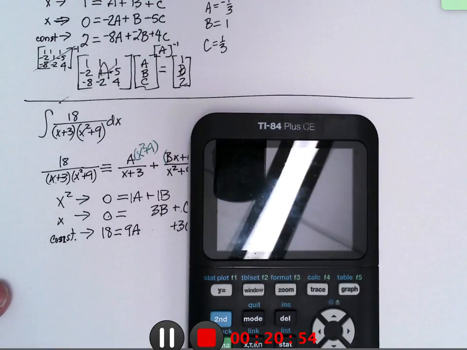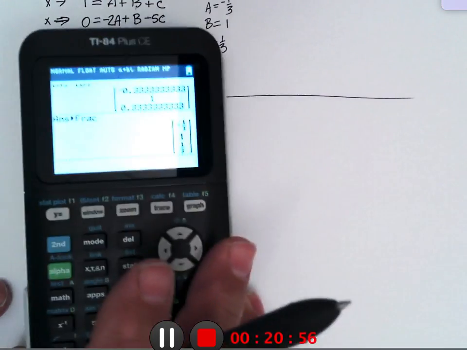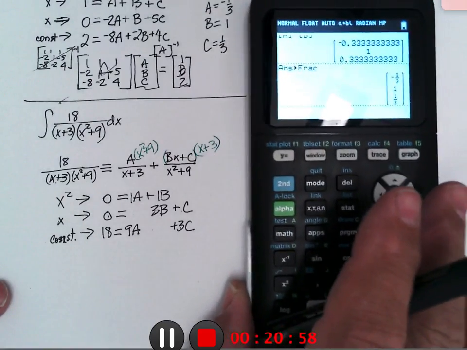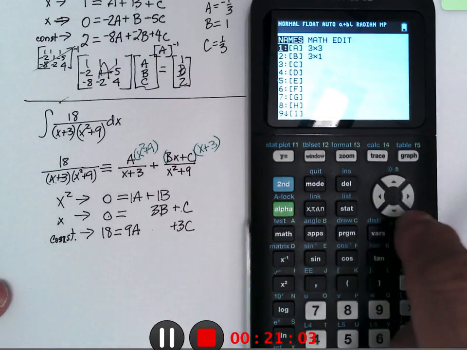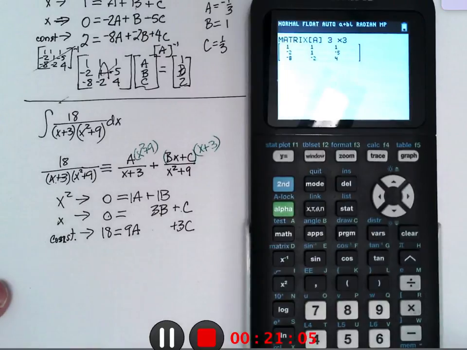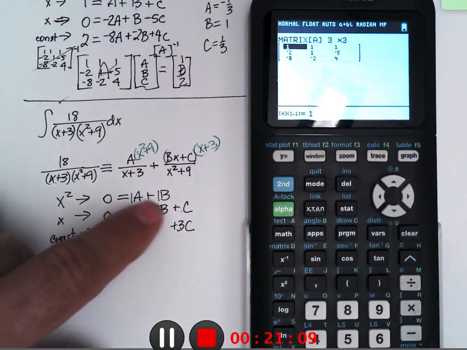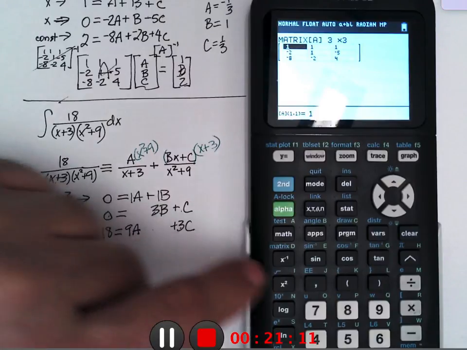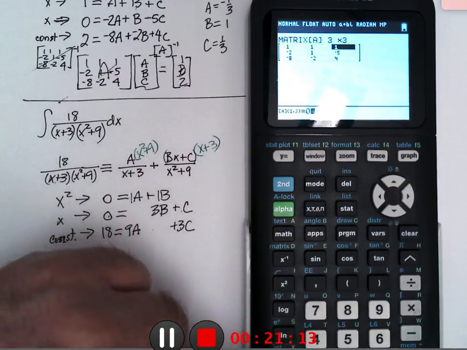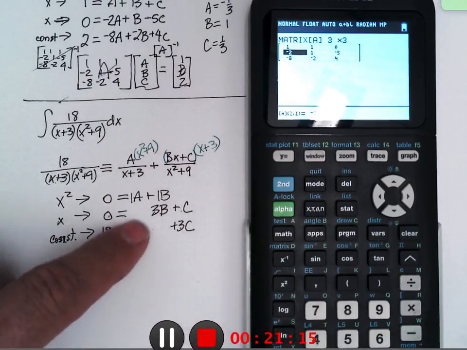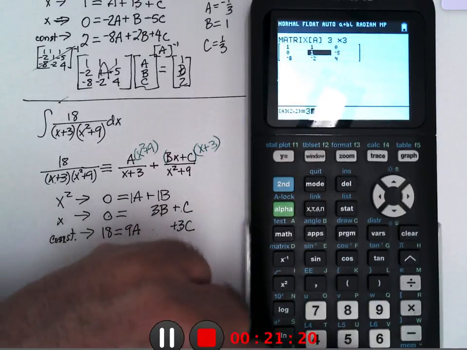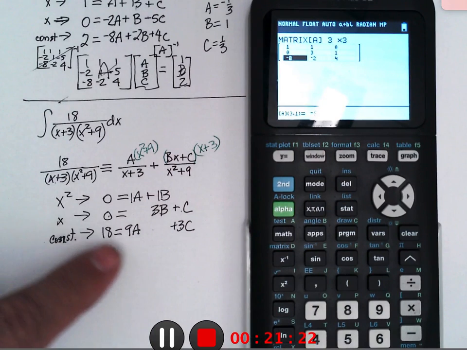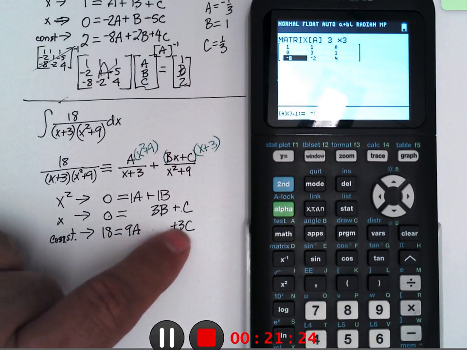So now I'm going to pull out my calculator, and I'm going to change my A by going second, matrix, edit, A, and it's still a 3 by 3, and that's going to be 1, 1, 0, 0, 3, 1, and then it's 9, 0, 3.